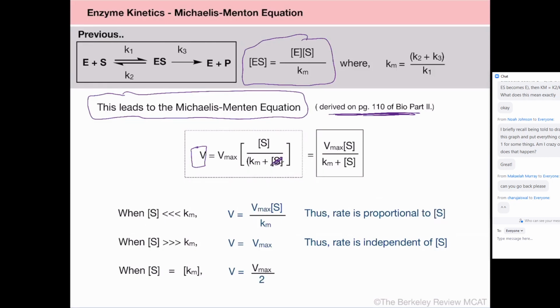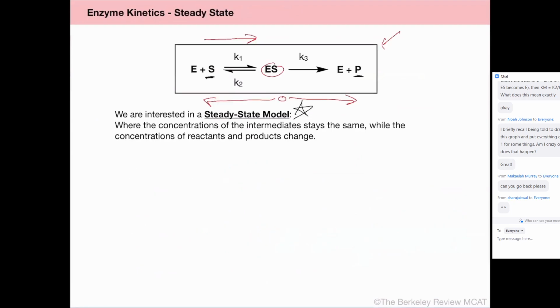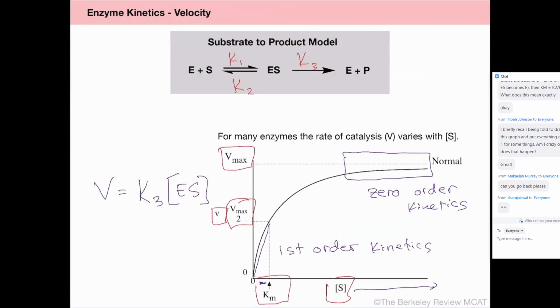That essentially eliminates this parameter, and you're left with velocity equal to Vmax times S over Km. Thus your rate is proportional to your substrate concentration. What that is saying is proving your first order kinetics. So that's where that came from.